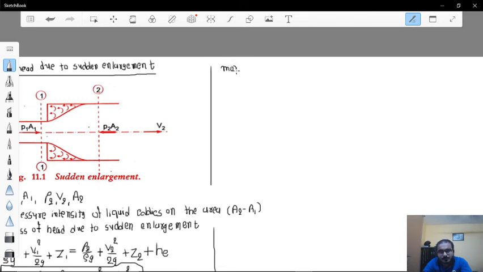Momentum of liquid at section 1. So here it will be mass into velocity.